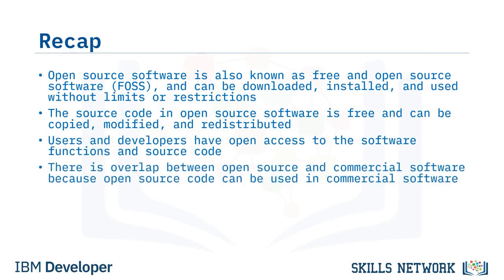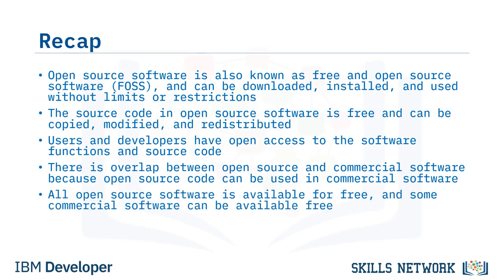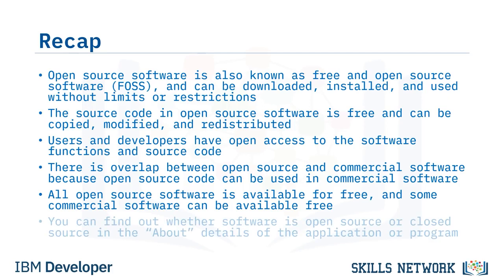There is overlap between open source and commercial software because open source code can be used in commercial software. All open source software is available for free, and some commercial software can be available for free. And finally, you can find out whether software is open source or closed source in the About details of the application or program.